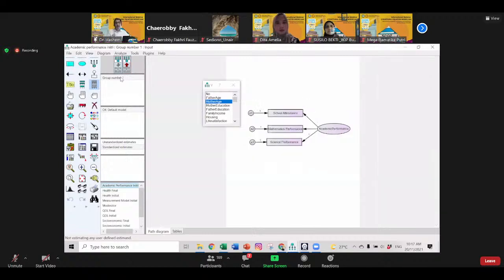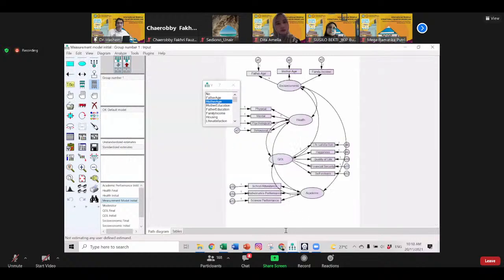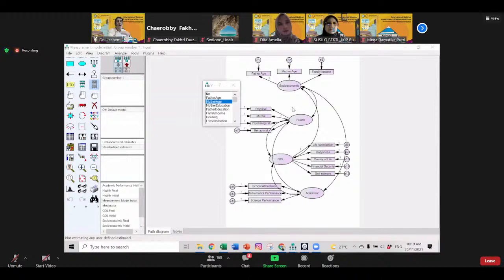And the second one is the measurement model. Measurement model, as I said here, you can see just latent variables with measurement variables, just the measurement model with the correlation between variables.